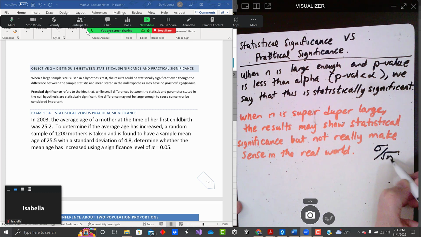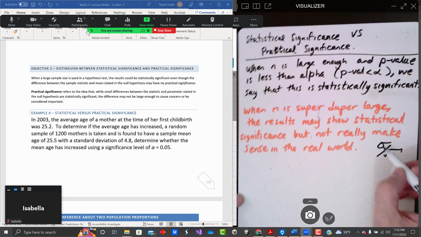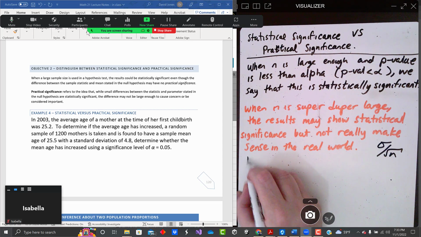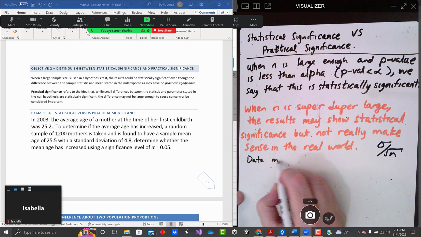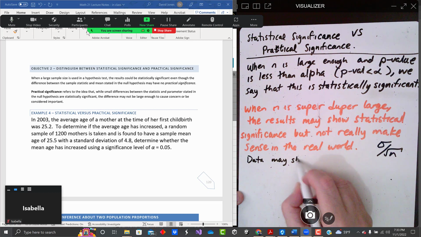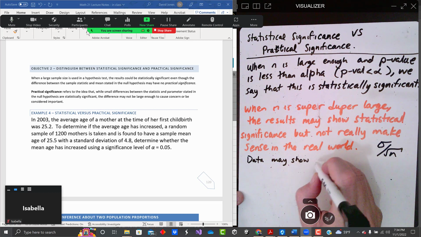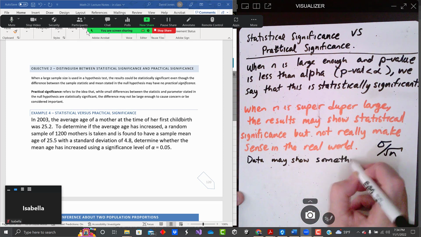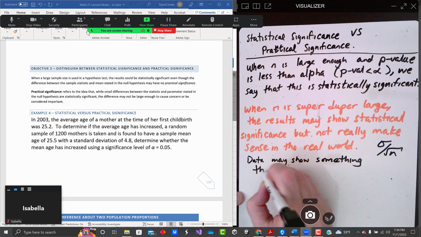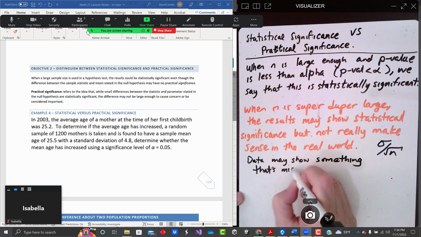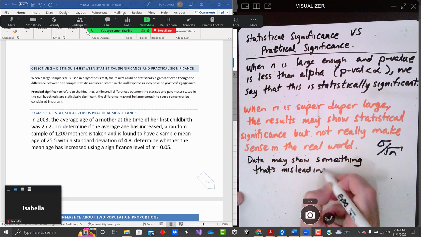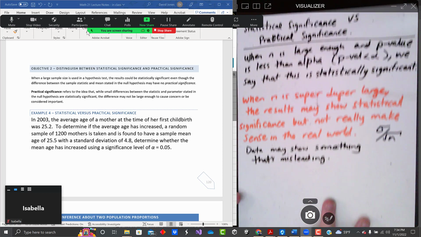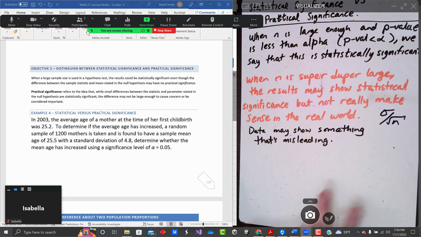But as n gets large, this gets really, really small. And so the data may show something that's misleading. And I think the best way is to do it by example. So let's look at an example.